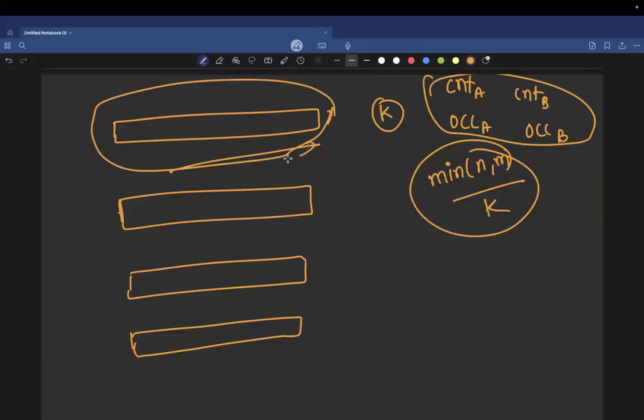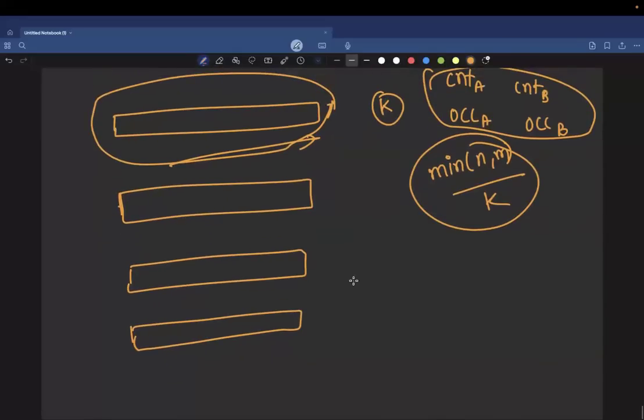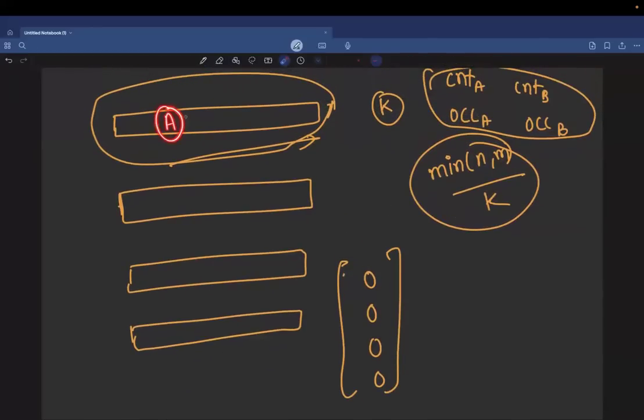If I could identify what will happen there, for the k operations, I know what will happen. Initially, the counts and occurrences were zeros. Then if I get some A at some place, I was incrementing count of A, decrementing count of B, with occurrence of A and B and so on. I was doing some 4 steps, right?